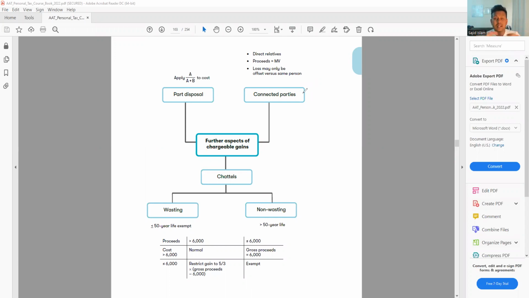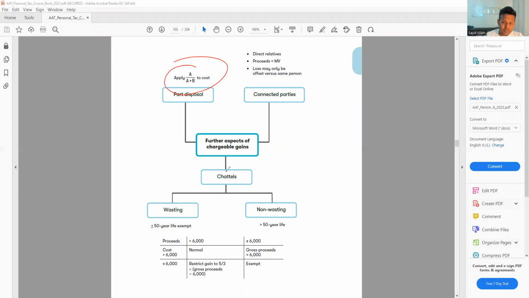When we don't sell the asset as a whole, and only sell part of it, then we have to use a formula. This is the formula: A over A plus B, multiplied by the cost, to find out the cost. You're going to see how it works, but it is for part disposal when you decide not to sell the whole property at the same time.